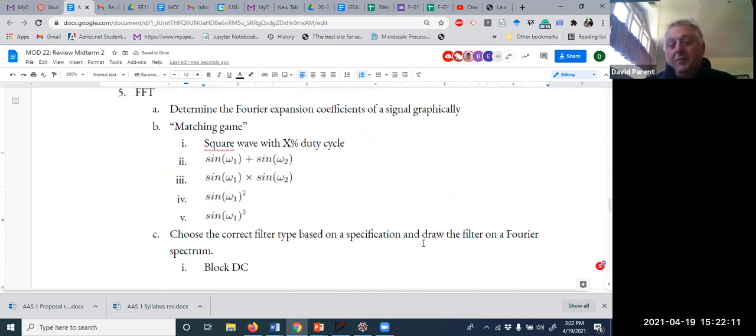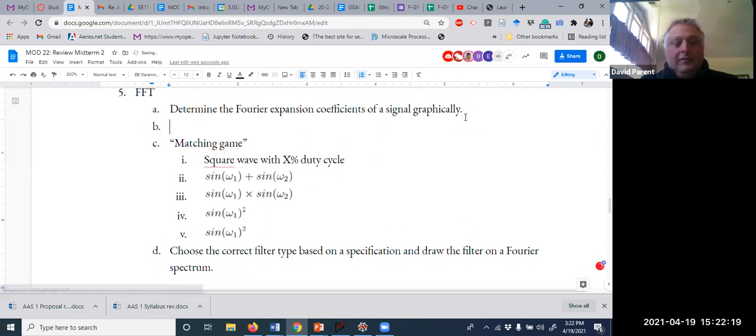All right, so what are the possible questions? Determine the Fourier expansion coefficients of a signal graphically. And I'll even give you the definitions. A0 is the average of the signal.